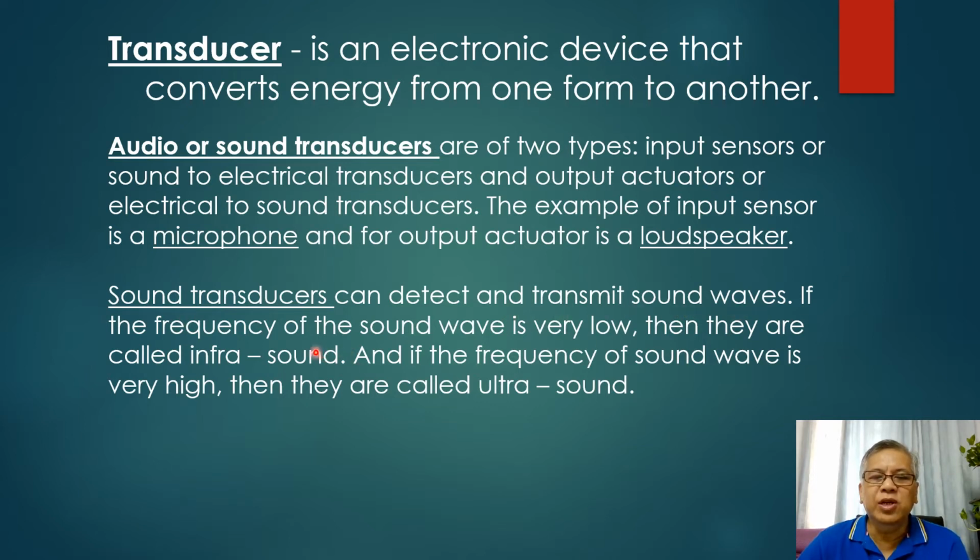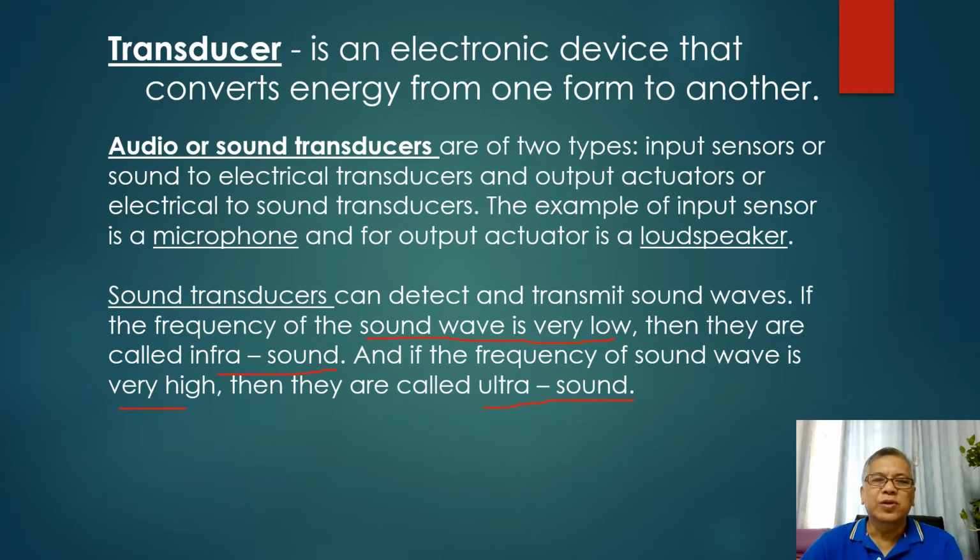If the frequency of the sound wave is very low, then they are called infrasound. And if the frequency of sound wave is very high, then it is called the ultrasound.